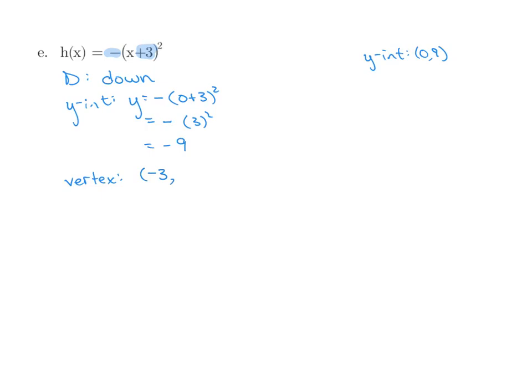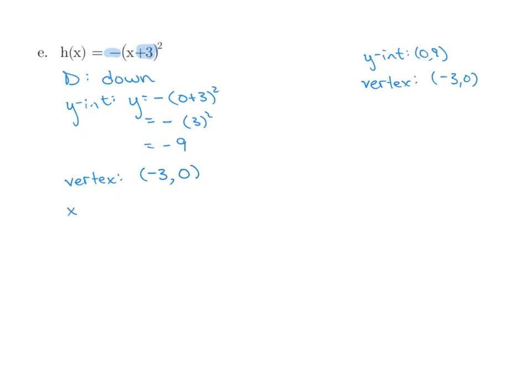We have no number being added, so our y-coordinate is 0. Now the first thing that I notice is that this is also an x-intercept because our y-coordinate is 0.